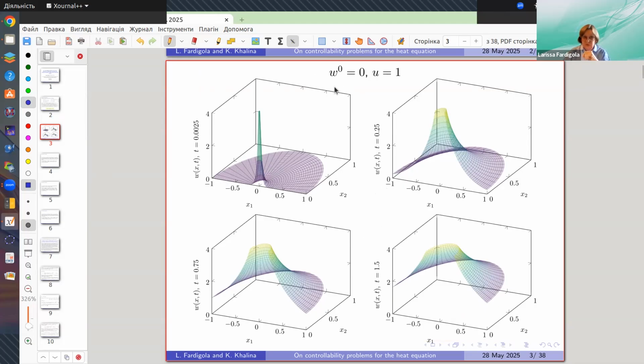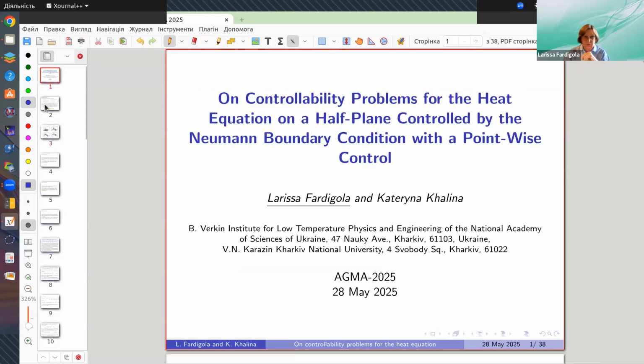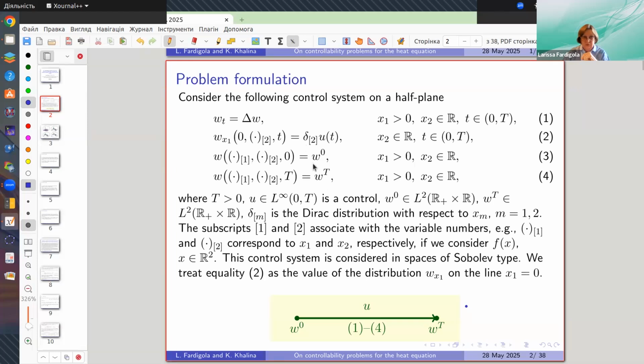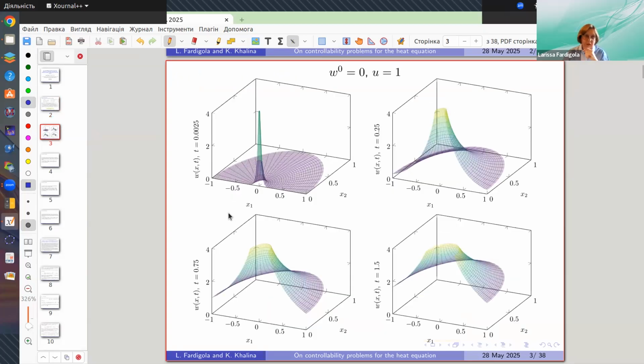If we put the initial condition equal to 0 and u equal to 1, we see that at a small time, we have the following plot of our solution. Then as time grows, we can see that the graph changes.